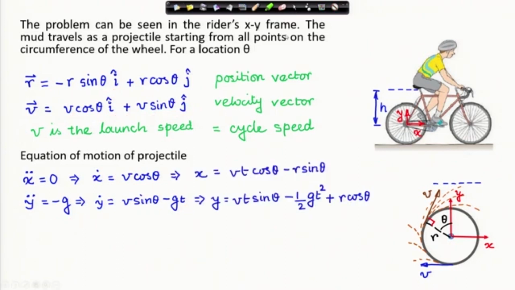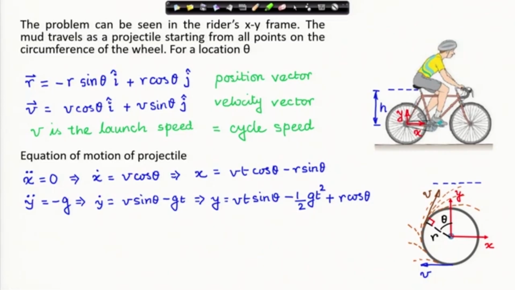If you integrate this once again and use these initial conditions, then you have the constants of integration set as minus r sin theta here and r cos theta here, and these are integrals generated from these terms. So, this is a straightforward step.